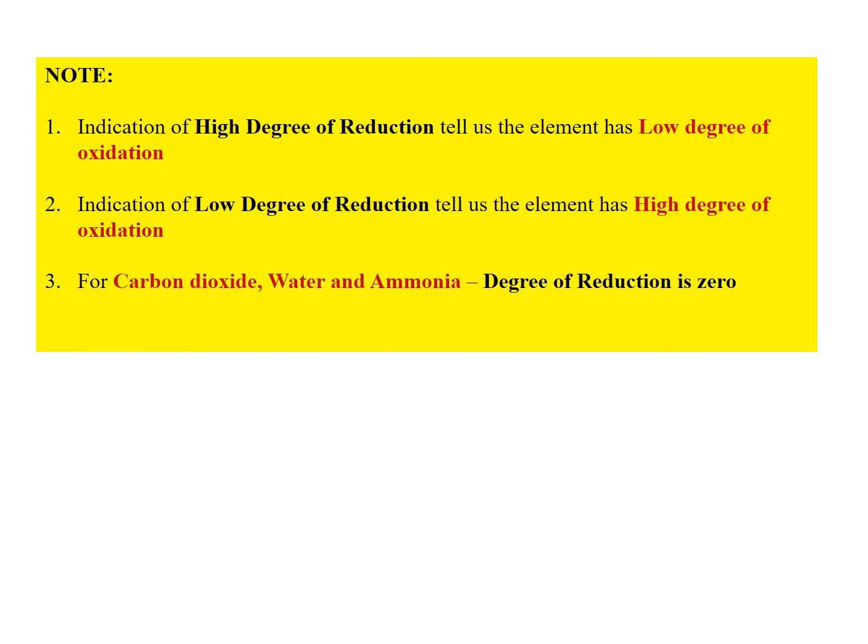A high degree of reduction for a compound tells us the compound has a low degree of oxidation, and for a low degree of reduction the compound will have a high degree of oxidation. For particular compounds the degree of reduction will always be 0. Examples are carbon dioxide, water and ammonia.